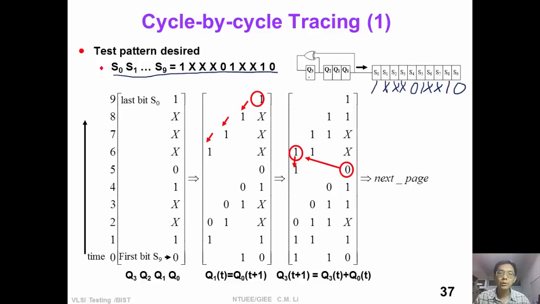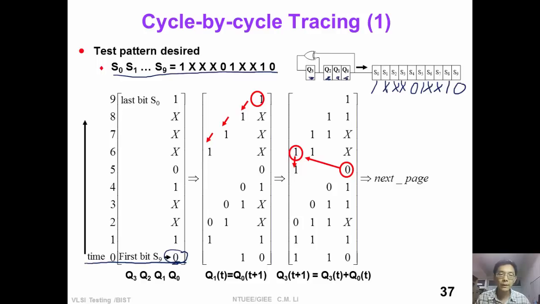So our job is to find out the seed for the LFSR so that we can apply this test pattern to the circuit. Let's say we model this problem by a matrix. Starting from time 0, the bottom row here represents the LFSR seeds. We know that at time 0, the first bit shifted into the scan chain is actually equal to S9, which is 0, and the value here is actually Q0.